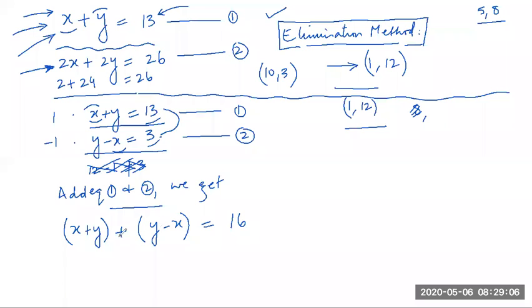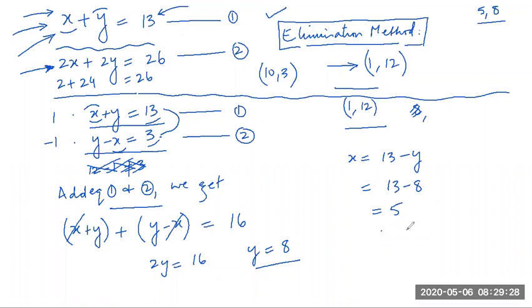When you open the bracket, minus x cancels, you get 2y is equal to 16 and y is equal to 8. Put this value in equation 1: x is equal to 13 minus y, that is 13 minus 8, which is 5. So 5 and 8 is the common solution of both these equations.